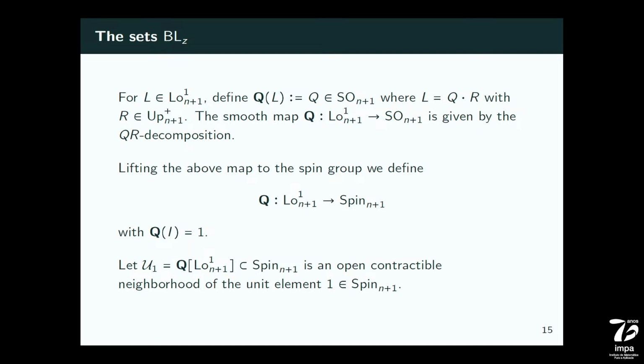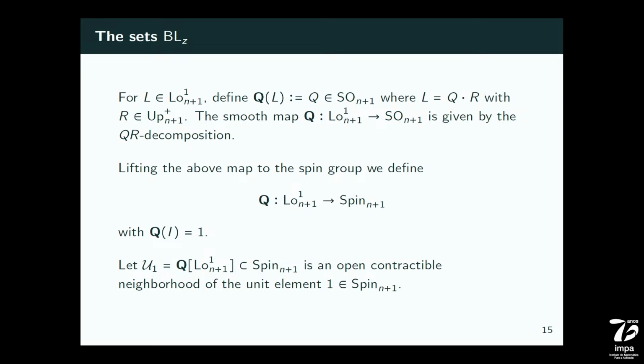We are doing a QR decomposition, and we take a matrix here and we associate the orthogonal matrix. And we can lift this to the spin group, fixing that the identity goes to 1.